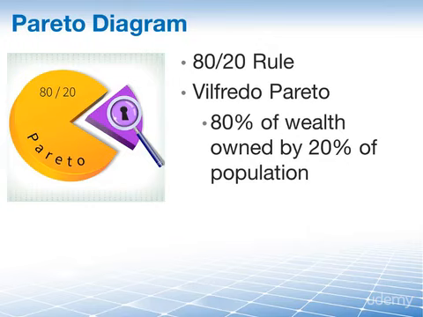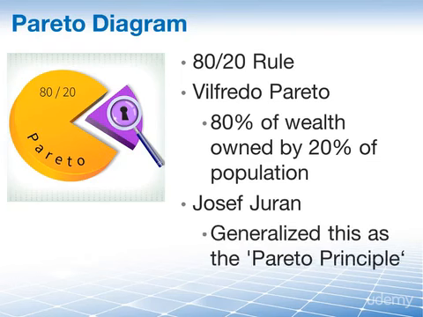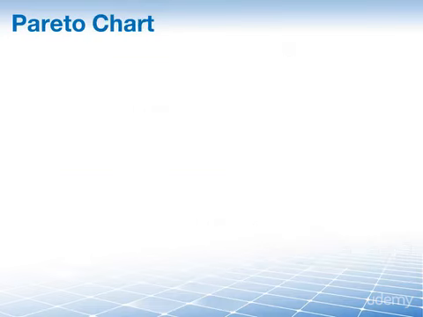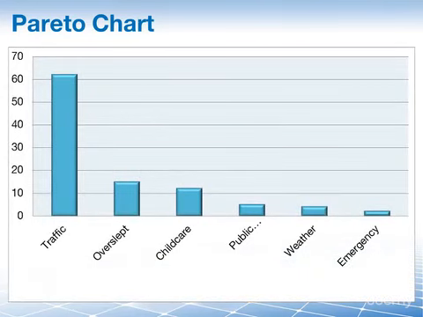The statement of this uneven distribution was then generalized by the American quality guru Joseph Juran as the Pareto Principle, and it is sometimes also called the 80-20 rule. And here is an example of a Pareto chart. This shows you the main reasons why people are late to work in the greater Los Angeles area.